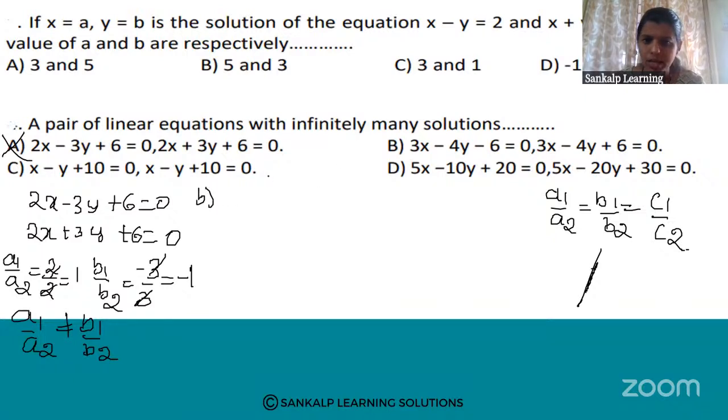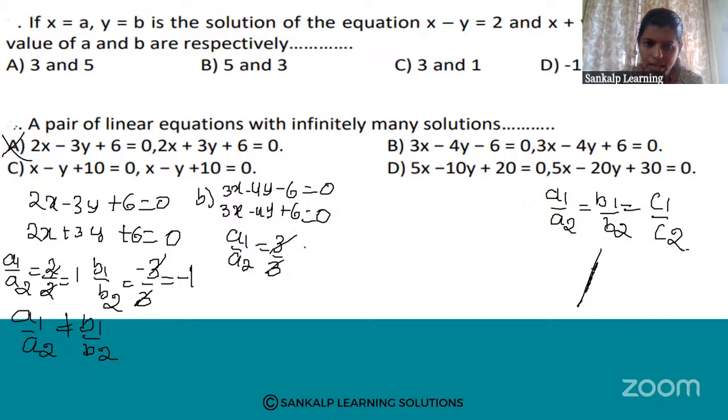We'll check option B: 3x minus 4y minus 6 equal to 0 and 3x minus 4y plus 6 equal to 0. a1 divided by a2: 3 divided by 3, cancelled, 1 remains. b1 divided by b2: minus 4, minus 4, cancelled, 1 remains.